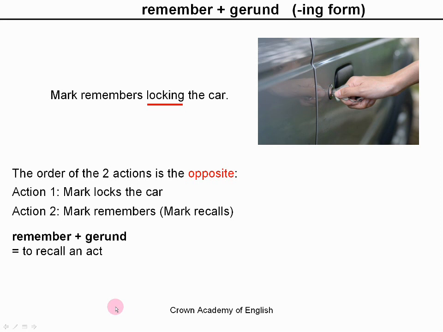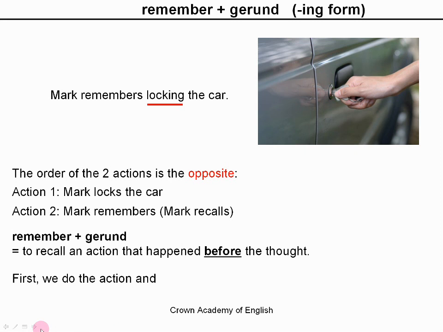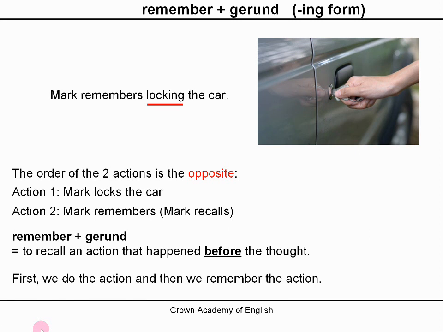So the rule is, remember followed by a gerund means to recall an action that happened before the thought. So first we do the action, and then we remember the action. We recall it. So we think backwards. We think back to an action.